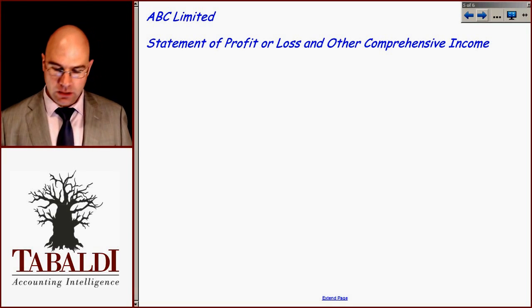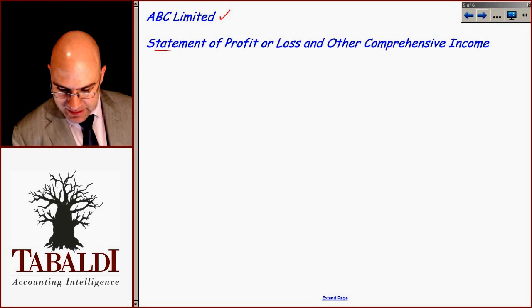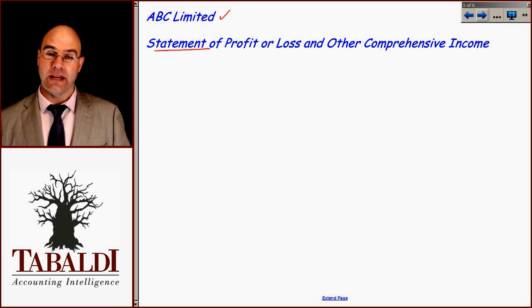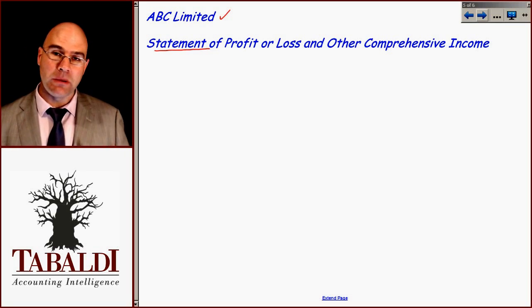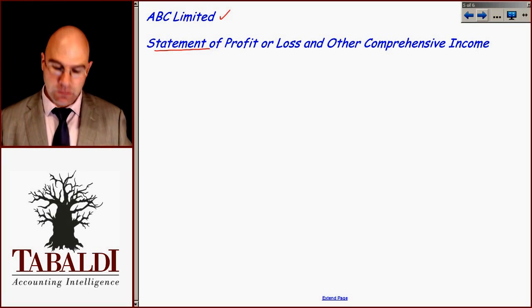So again, we must have the company name, then the title of the statement, statement of profit or loss and other comprehensive income, and then I must date it. But remember, this time the dating is for a period, right? It's an income concept.